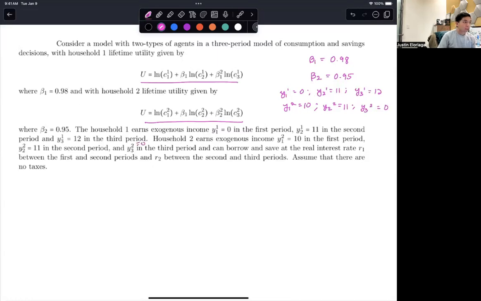So what we're going to do first is define an equilibrium.